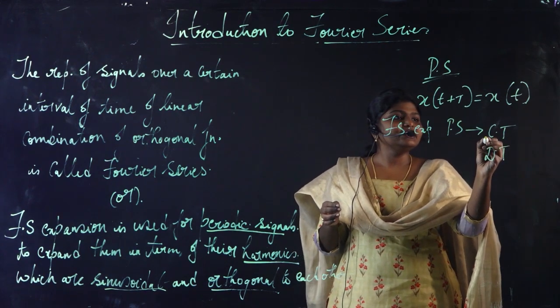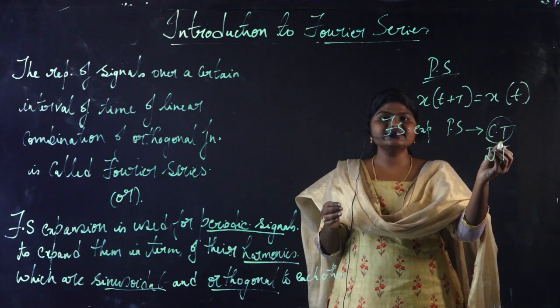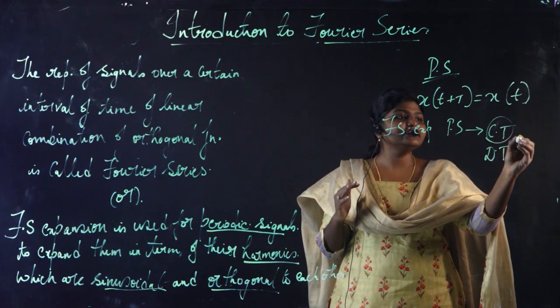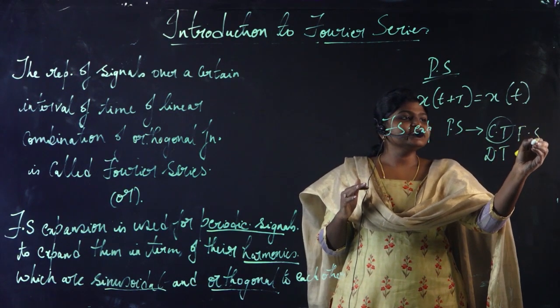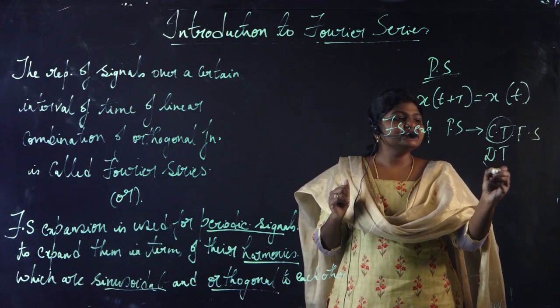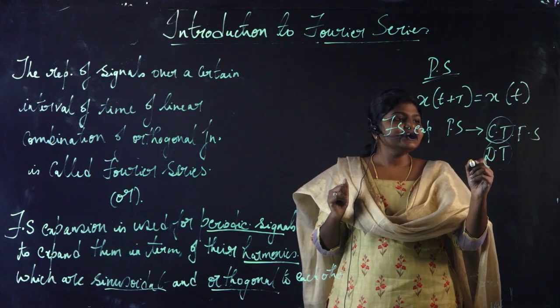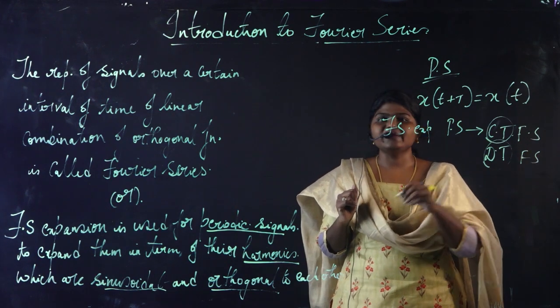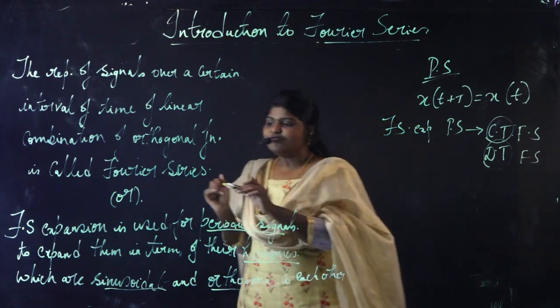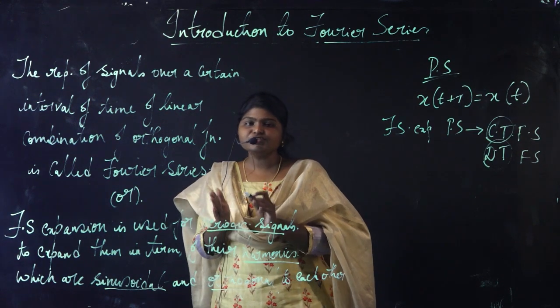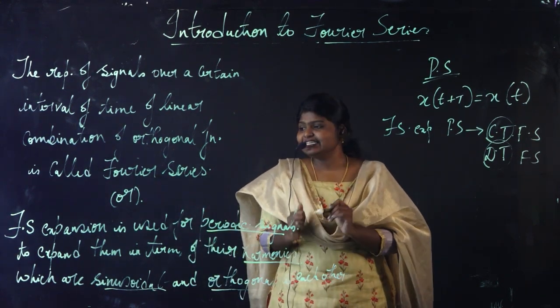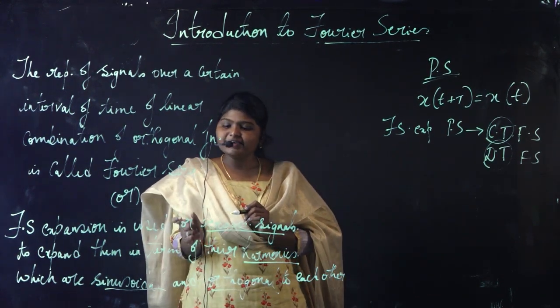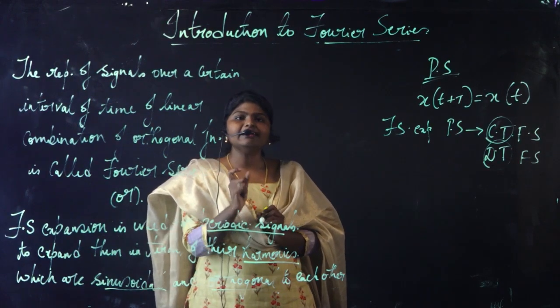For continuous time, the Fourier series expansion is called continuous time Fourier series expansion, and for discrete time, it is the discrete time Fourier series expansion.